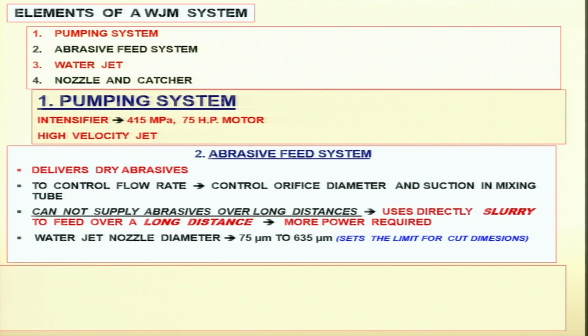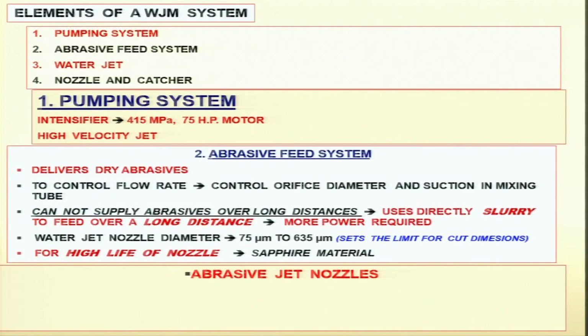Water jet nozzle diameter is around 75 to 635 micrometer depending upon your requirement, which also sets the limit for cut dimensions. And for high life of the nozzle, sapphire material is used for making the nozzle, because it is very hard and its wear rate is much smaller than other types of nozzles.